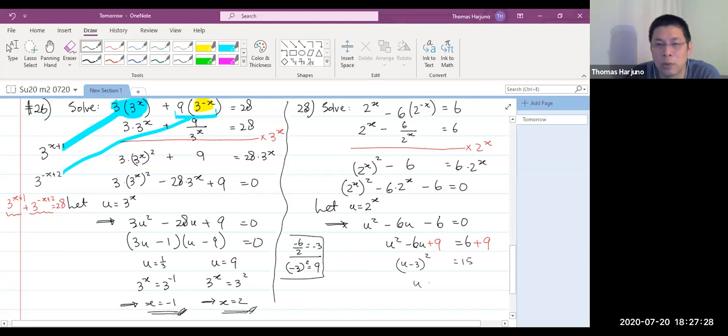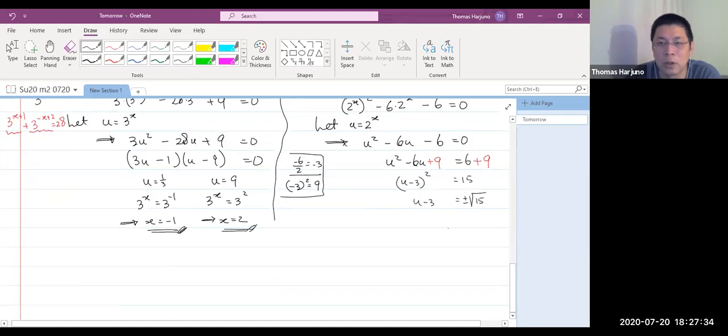So u minus 3 is plus or minus square root of 15. U equals 3 plus or minus square root of 15. Now, there are two solutions. The first one is 3 plus square root of 15. The second one is 3 minus square root of 15. Now, it's 2 to the x though.